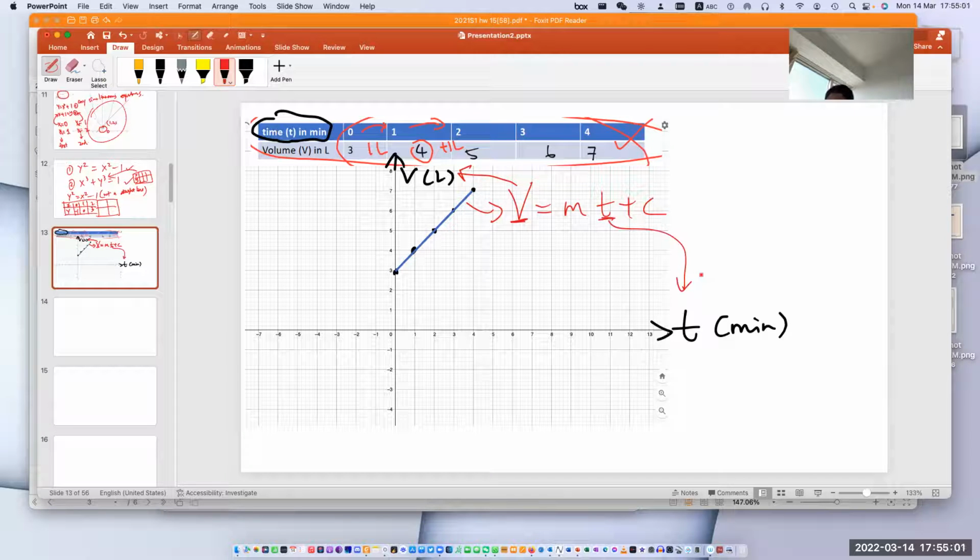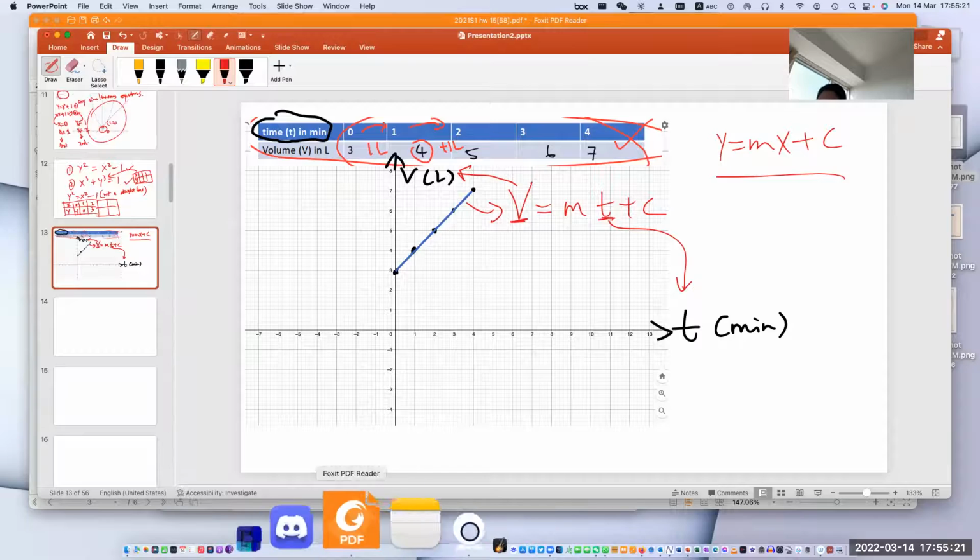So you need to change accordingly, according to the question. So I just want you to know, y equals to mx plus c is a general formula. But things will change if the question change. Okay? So v is equal to mt plus c for this. So now, what's the next question?